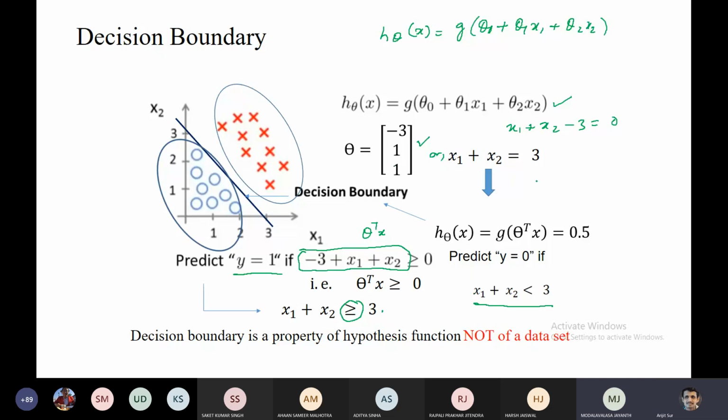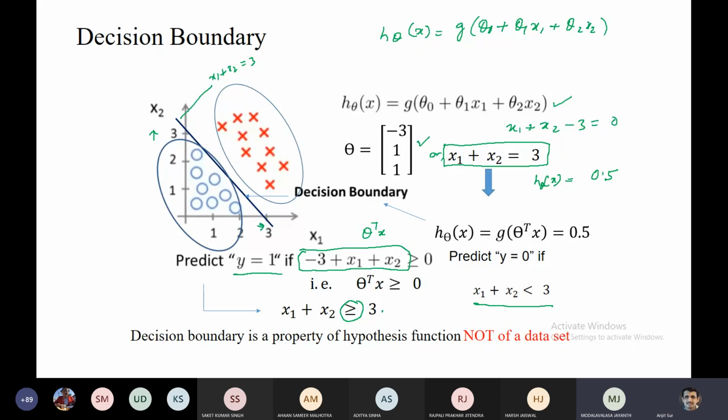If h theta of x is 0.5, then x1 plus x2 equals 3. If we plot this, with x1 and x2 as axes, this line is your decision boundary that will separate these two point clouds.